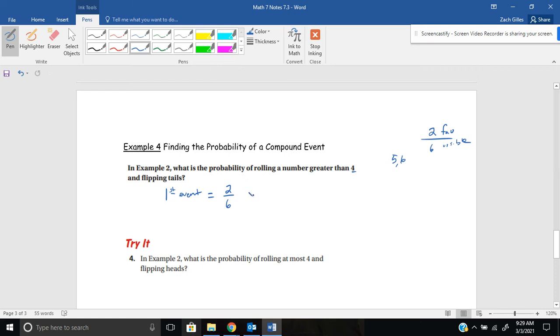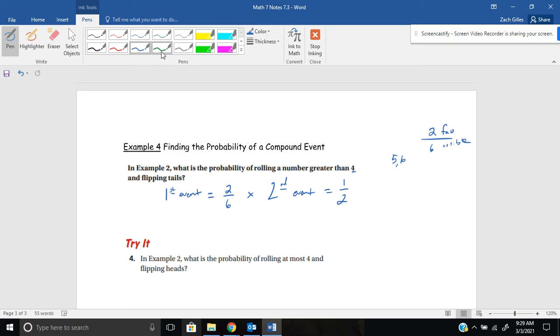I need to multiply that by my second event. And my second event is flipping tails. Well, what's the probability of flipping tails? Well, that's pretty easy. It's 1 favorable outcome out of 2 possibilities. You could either get heads or tails.